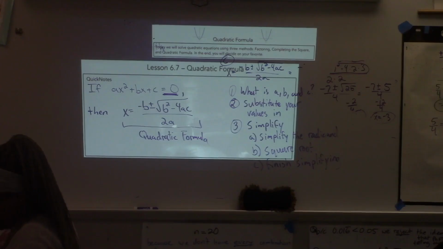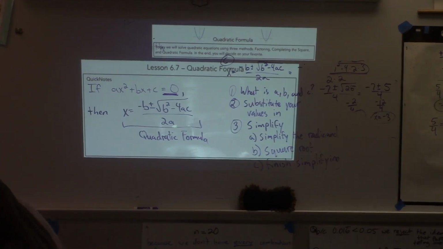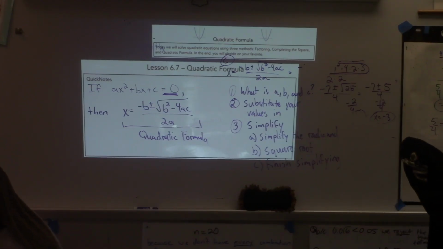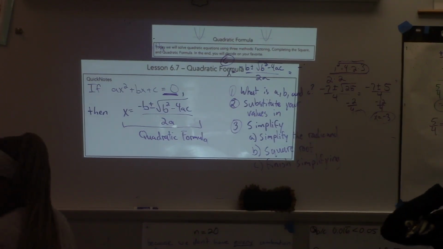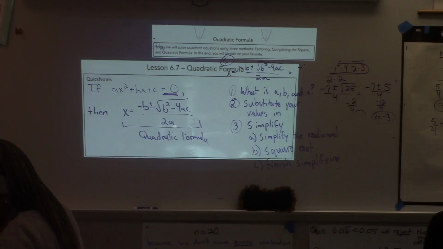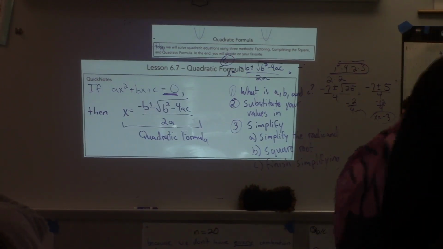Right here, there are some check your understanding questions at the end of the mathematic activity. How could you check your answers at the end? Could you substitute your numbers back in and see if it makes the equation true?